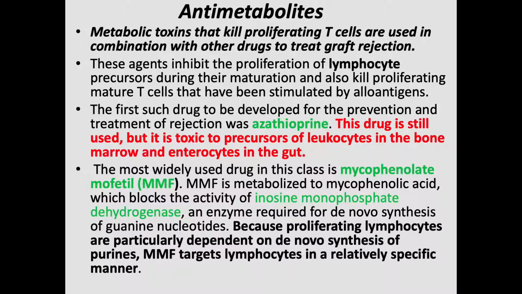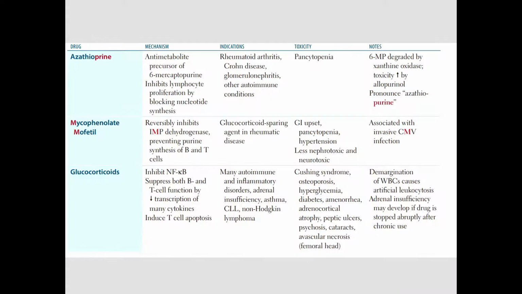So in the metabolism of T cells, DNA synthesis blockers are called antimetabolites because, like azathioprine and mycophenolate, they will block T cell proliferation through intervention in the metabolism of T cells, specifically DNA synthesis. And here you can see azathioprine, which will block lymphocyte proliferation through nucleotide synthesis.